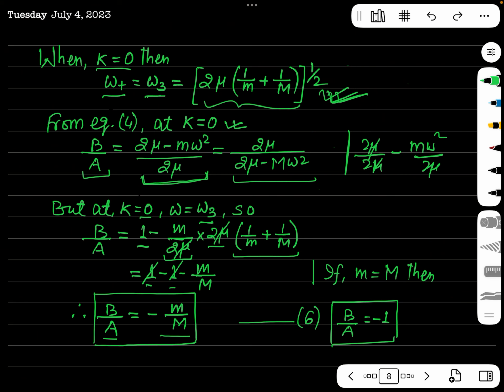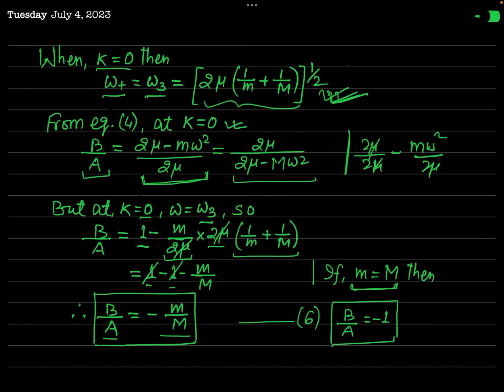And if you take m equal to M, if you consider a diatomic lattice, the masses of whose both atoms are equal, then what will happen? Then B over A will be equal to minus 1. So what does this first result actually imply?